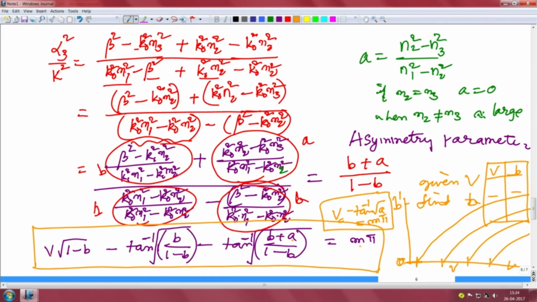In the case of a symmetric waveguide, A equal to 0 and there is no cutoff and the values will start at this point. I will draw with a different color to illustrate. So, these are all cutoffs, tan inverse root A, and this is pi plus tan inverse root A, this is 2 pi plus tan inverse root A, and so on.